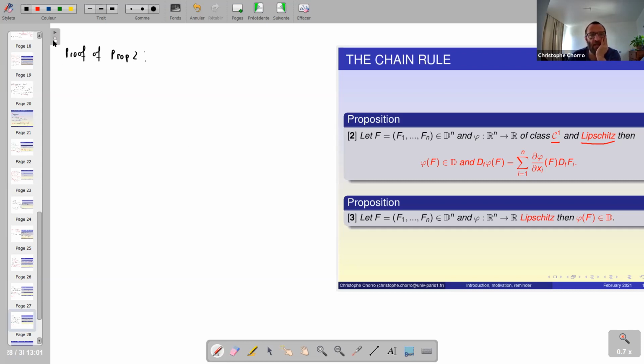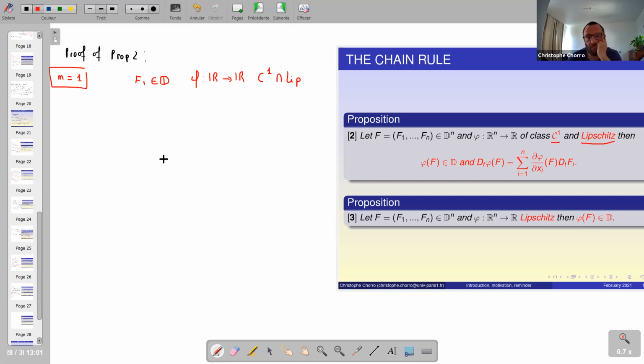In order to simplify the notation a little, we are going to take n equal to 1. That is, I have F1 that belongs to D, and I have phi from R into R that is C1 and Lipschitz.